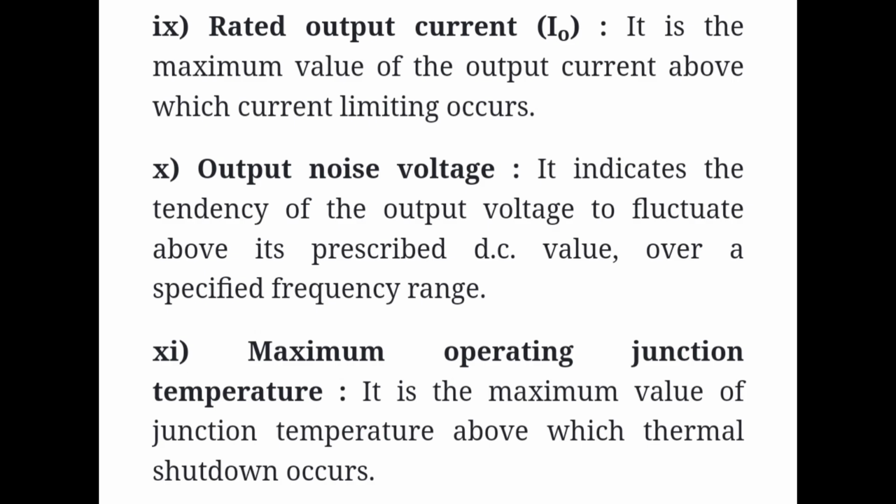Out of these parameters, maximum input voltage, maximum power dissipation, maximum operating junction temperature, etc. are called as absolute maximum rating of the IC regulators, while other ratings are called as electrical characteristics of IC regulators.